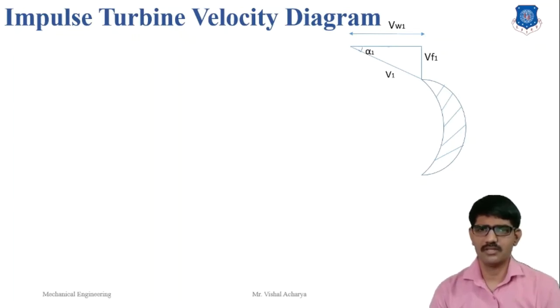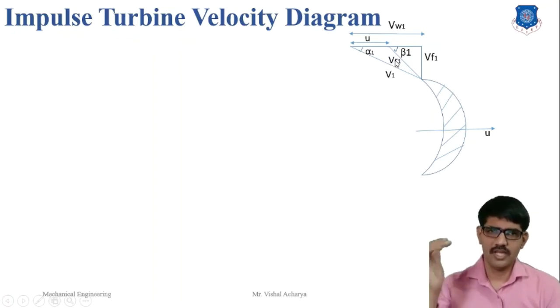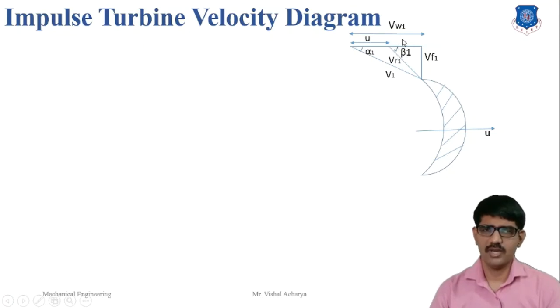Assume the blade velocity is u. With respect to the blade, we get Vr1 as the relative velocity, and the blade angle is beta 1. The relative velocity at the jet beta 1 angle has two components: Vw1 minus u, and the second component Vf1.